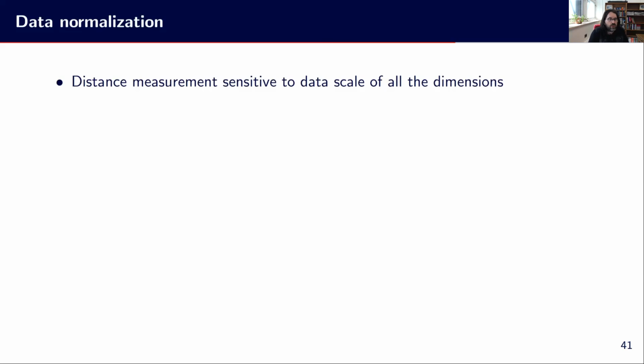One thing we should keep in mind is that the distance measurement is sensitive to the data scale of all the dimensions. So if we don't have scales that are, I would say, equivalent, comparable, then our distance measurement may not be as good as it should be.